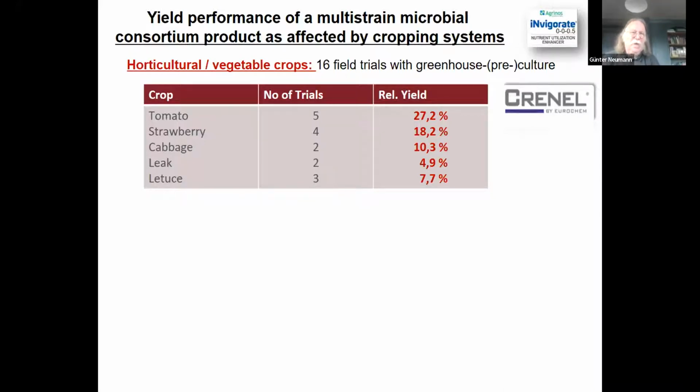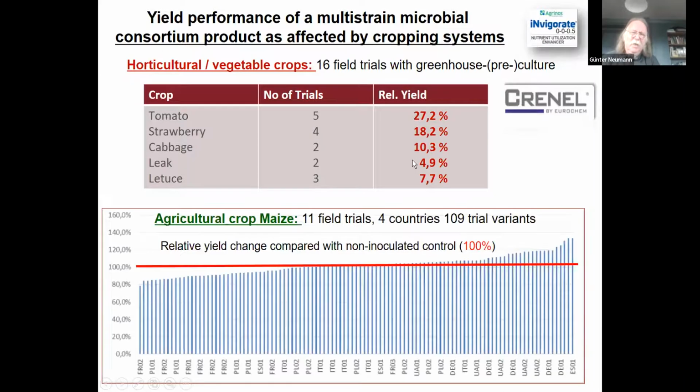But a common condition was the protected greenhouse culture during the nursery phase, where the products were first applied. And here we see a general positive yield trend.